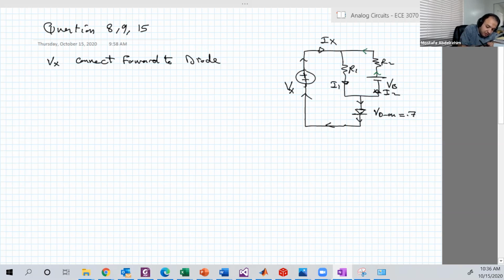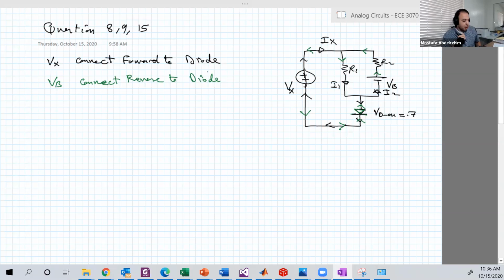It will be divided here to this branch and to this branch. And look now how it's flowing in the diode. It's flowing from N to B. And of course, that's not gonna happen. So VB is connected reverse to the diode.